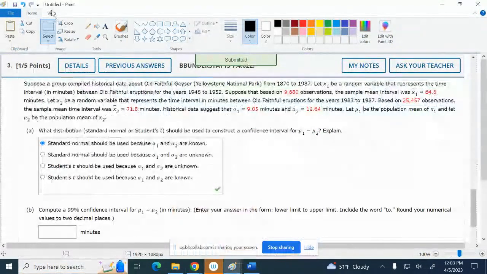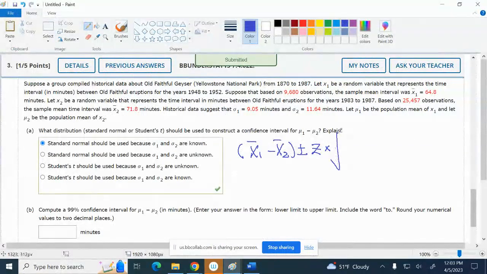In this homework, we have to use the formula x1 bar minus x2 bar, definitely with the z-score, plus or minus, square root of sigma 1 square over n1 plus sigma 2 square over n2.